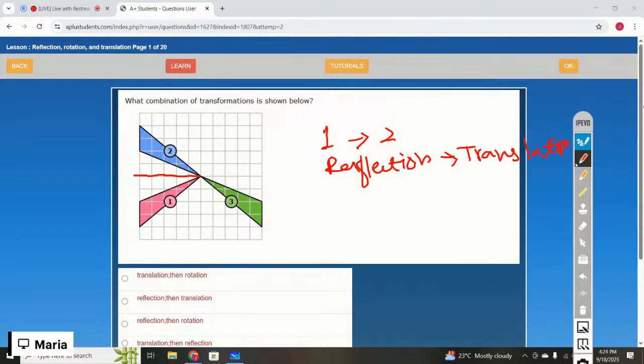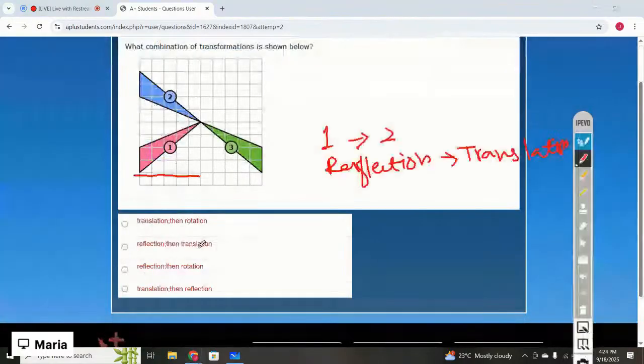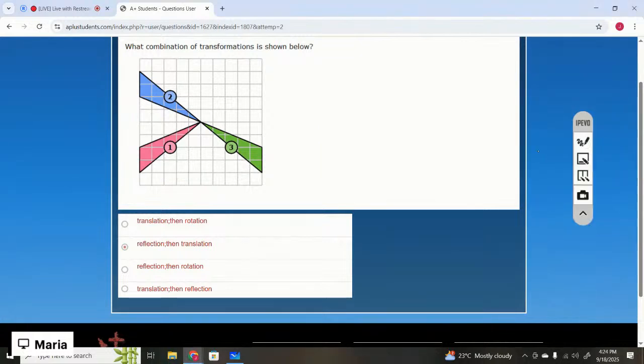Reflection and then, but I think that is the rotation along this point. Just this point and you move the image. Let's just see if that is translation.